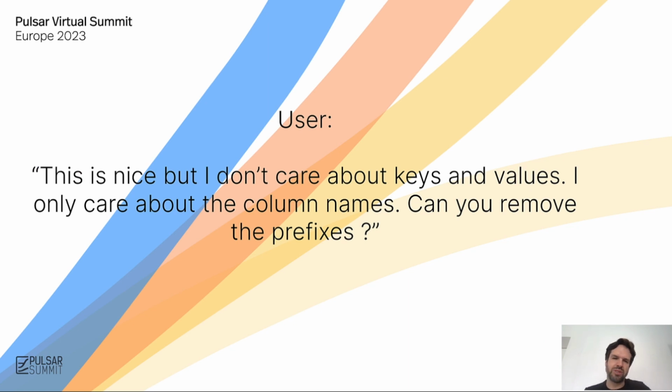But the problem was that we still had these headers for keys and values, and he wanted to have them removed. But we still wanted to have something very generic for the Kinesis sink, so it was not easy to do in a generic way.